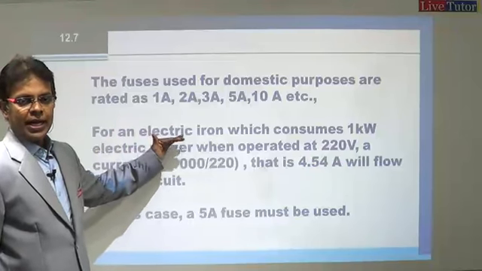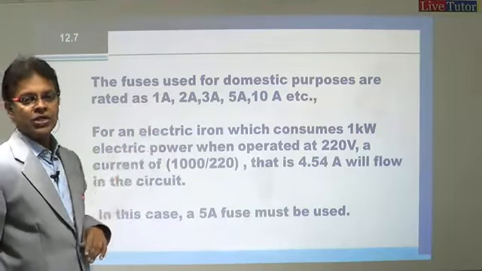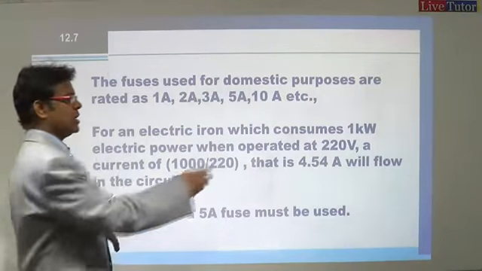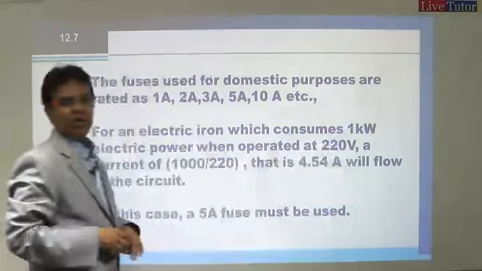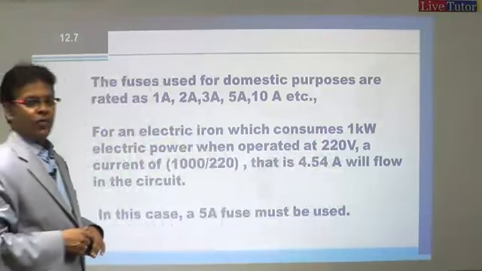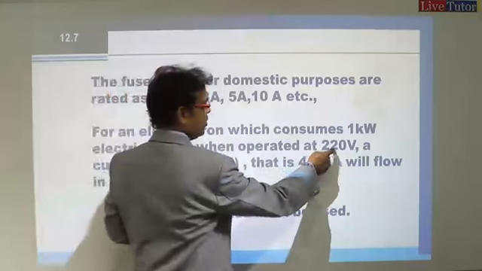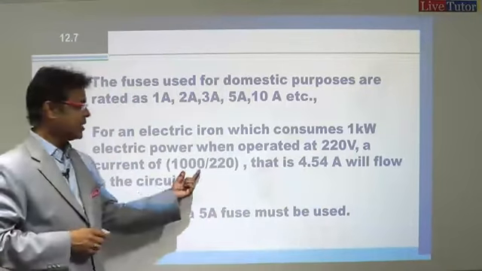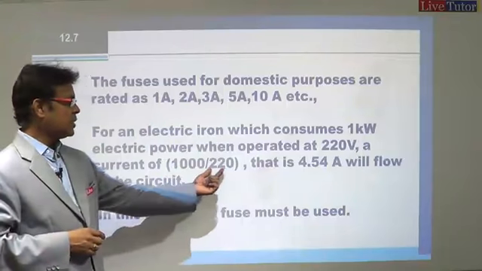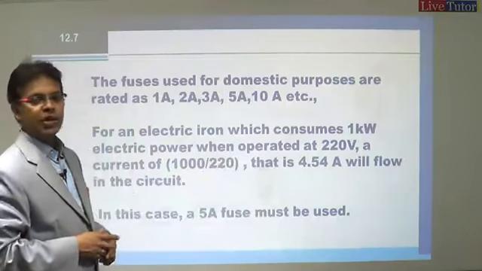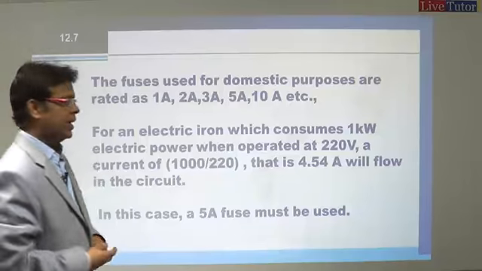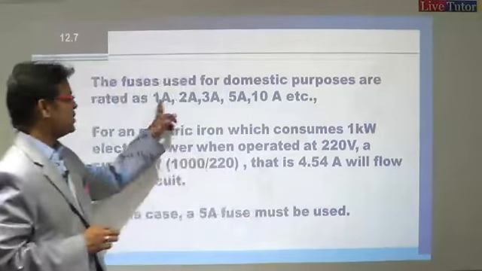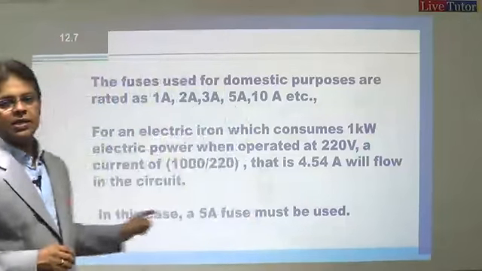Suppose an electric iron consumes 1 kilowatt power and is operated at domestic potential, 220 volts. Now we can calculate the current: 1000 by 220, which is about 4.54 amps. Since 4.54 amps is flowing, we have to choose a 5 amps fuse.